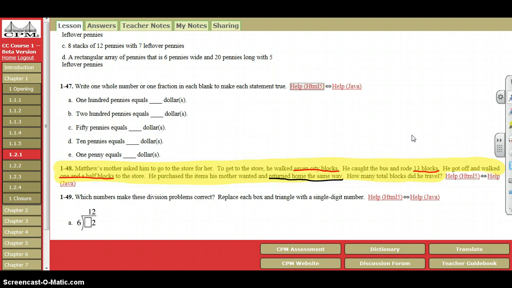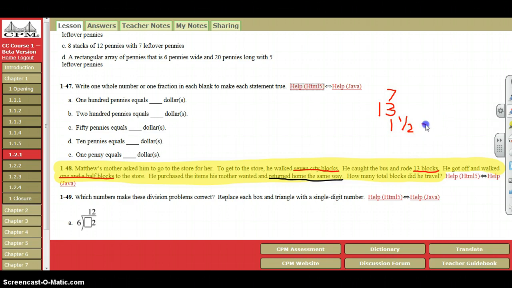That's important to remember. So with my list, I figured out that he had walked 7 city blocks. Then he rode the bus 13 city blocks, and he got off, and he walked 1.5 blocks to the store.